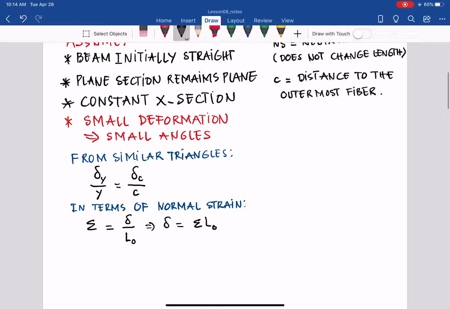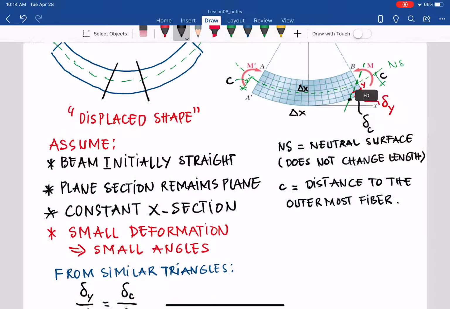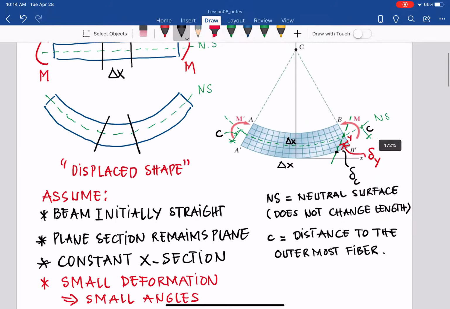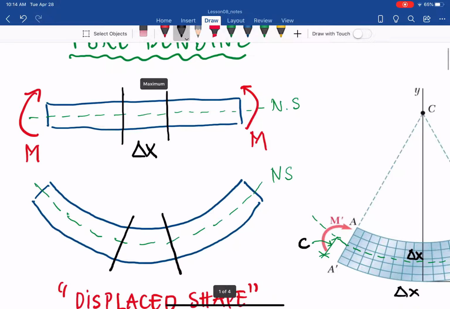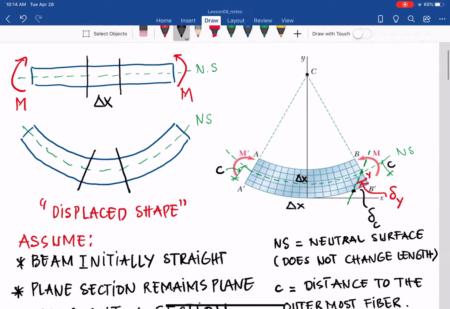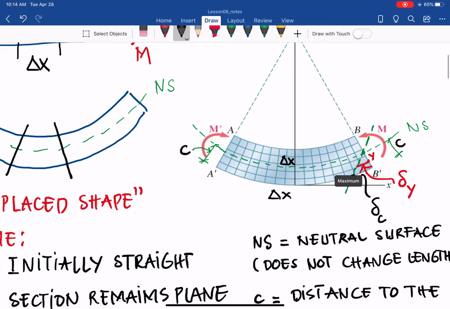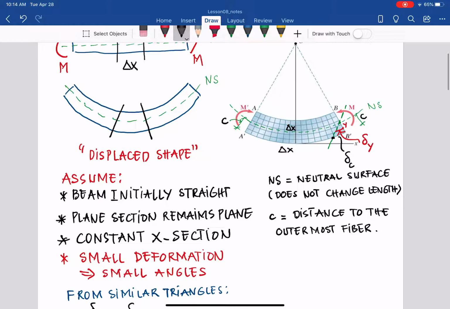So with that same information, I can apply it for delta y and delta c. So with that equation, I can have delta y equal to the normal strain at that position y times the original length L naught. And the original length is delta x, because we cut a delta x from the member in bending and zoom in, so the original length is delta x.